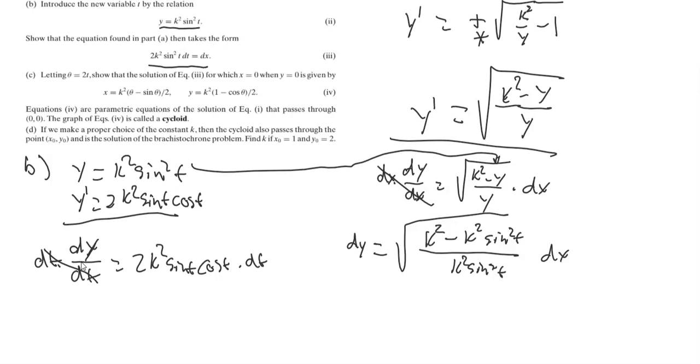Now we have to use some trigonometric identities we have to remember. One of the more important ones is sine squared of t plus cosine squared of t equals 1. So we have to solve for cosine.